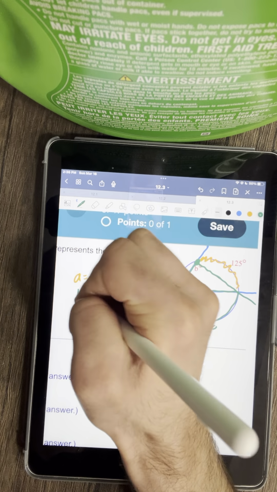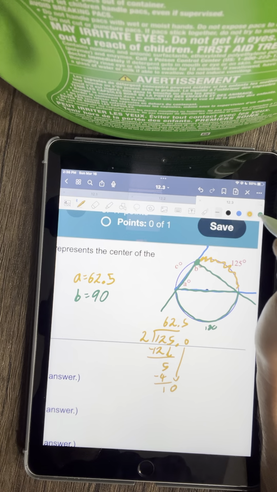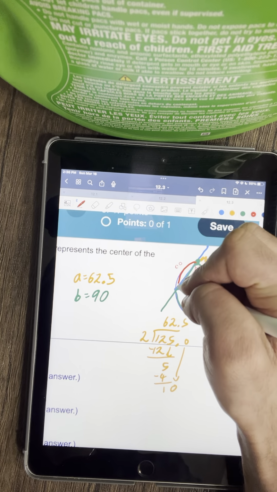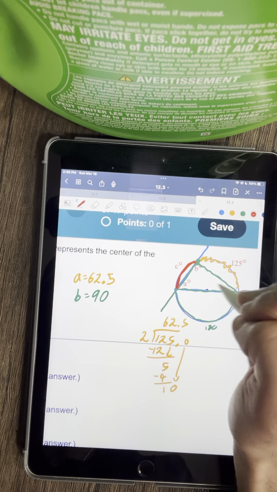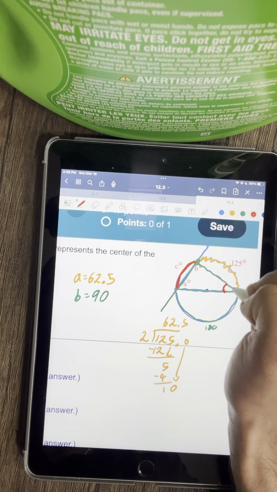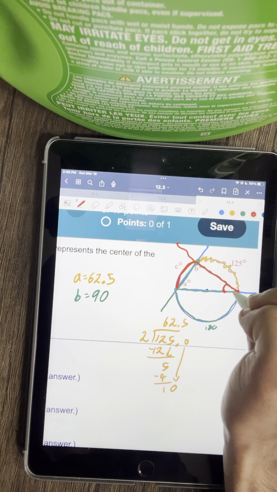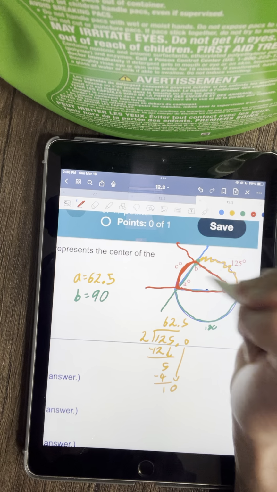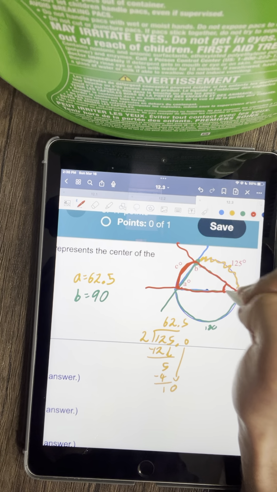Now C, what is the angle that represents C? Well, this is the intercepted arc of C, and what's its angle? Right here. Because look, if we take this angle and we extend it, this is the intercepted arc of this inscribed angle.